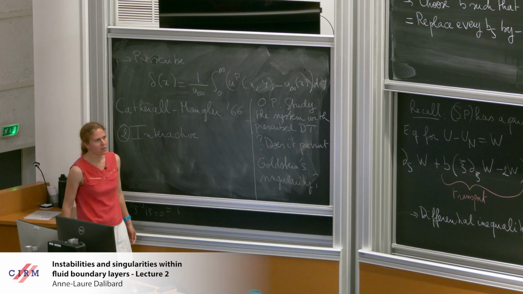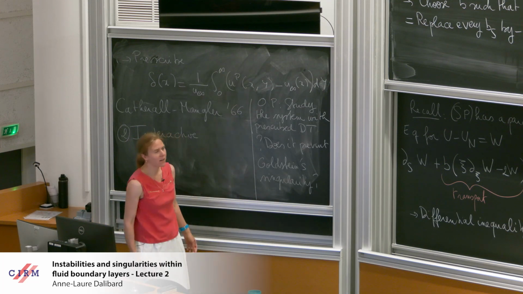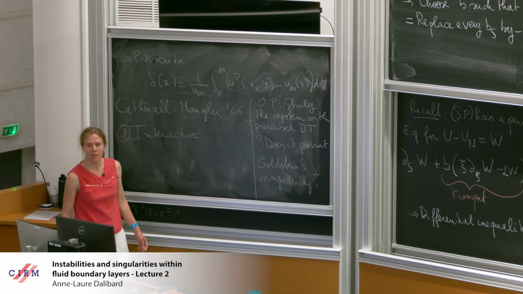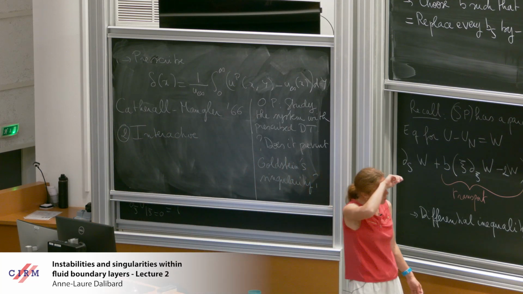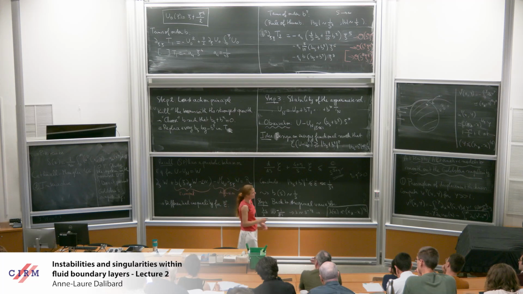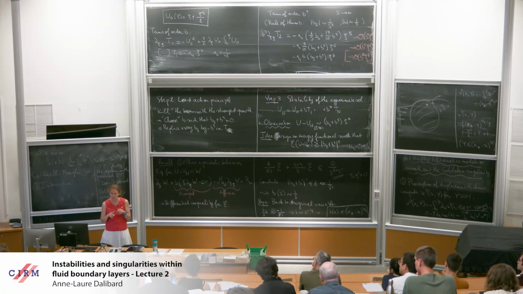I think a while ago we had a look at the code, and they claimed they were able to go past the singularity, into the region where you have some kind of reversed flow, and so in that case you have a backward parabolic equation. I'm not entirely sure, but I think we had a look at the code they were using, which was pretty simple.